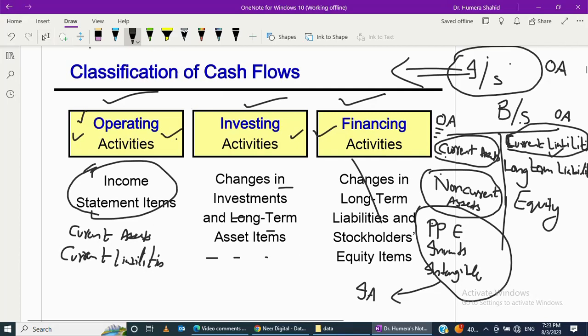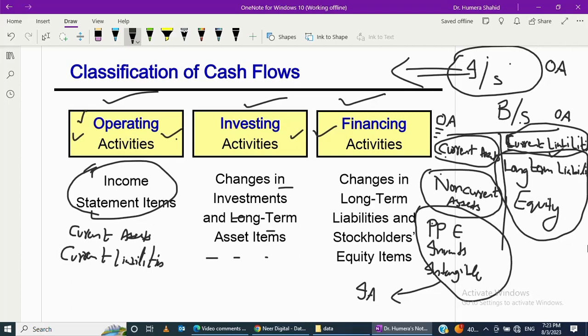Then comes financing activities. Financing activities are the sources of finance, for a longer period of time. So long-term liabilities and equity are the sources of finance. You issue notes, you get money. You issue bonds, you get money. You issue shares, you get money.